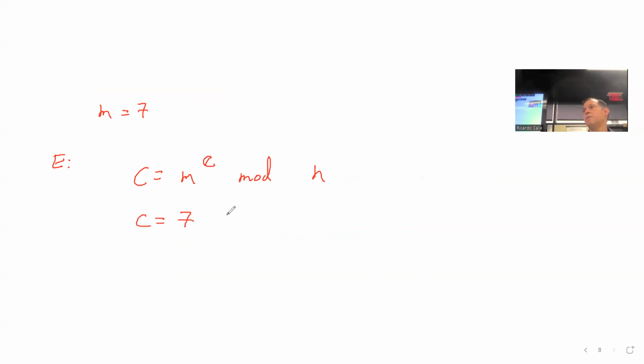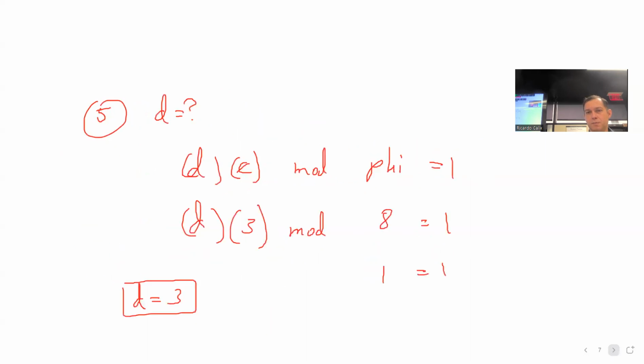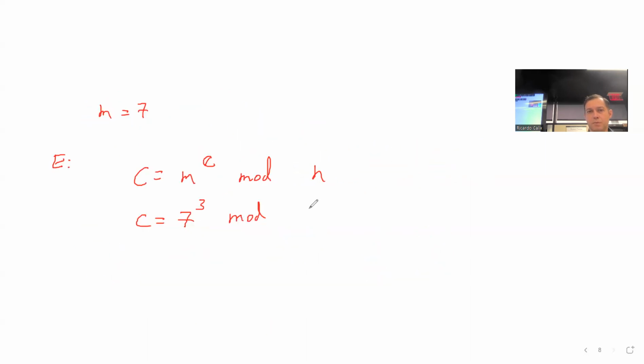What's E? You guys remember? What is it? 3? Mod, what was N? 15, I think it was, right? Was it 15? Yeah, it's 15. Do you see that? And then this would give us our cipher.